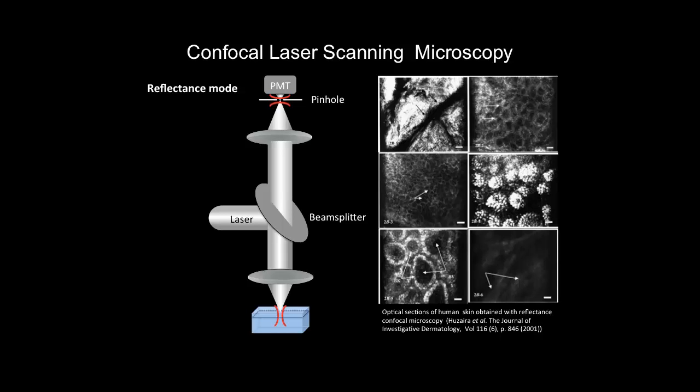These are examples of optical sections of human skin obtained with this technique. These are actually images acquired live on the skin of a human subject. It shows optical sections of skin at different depths.